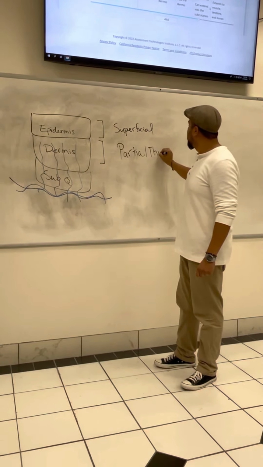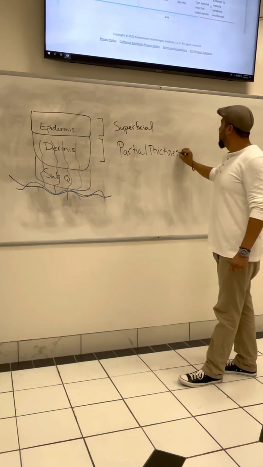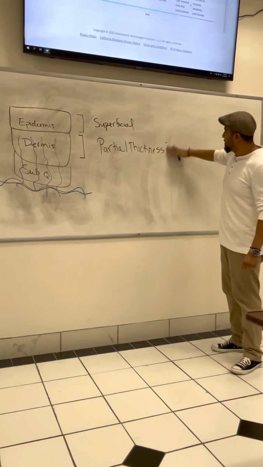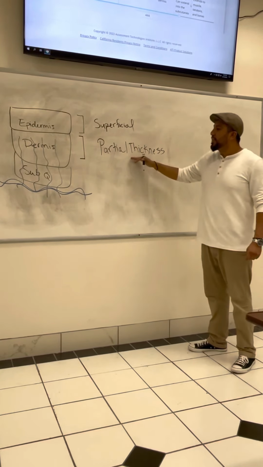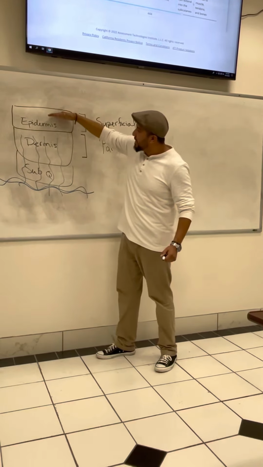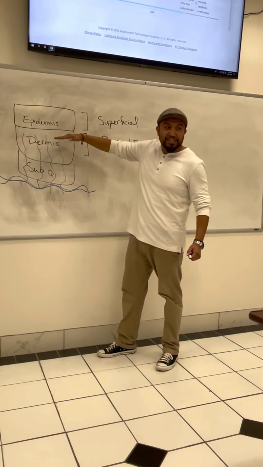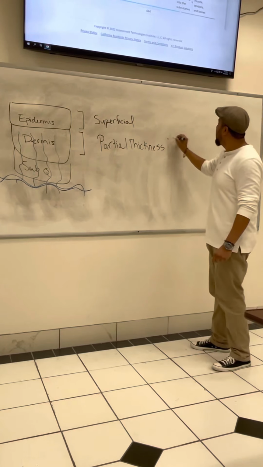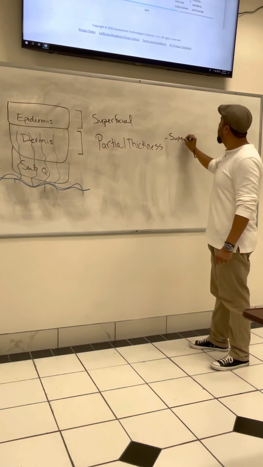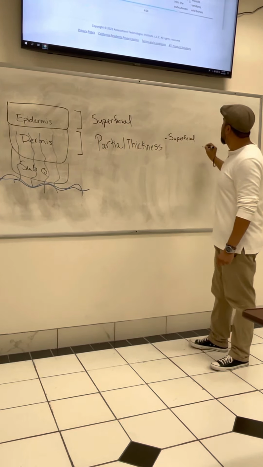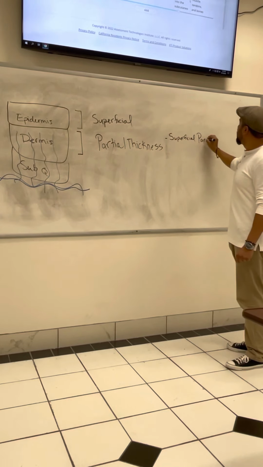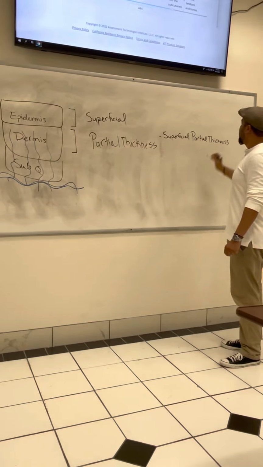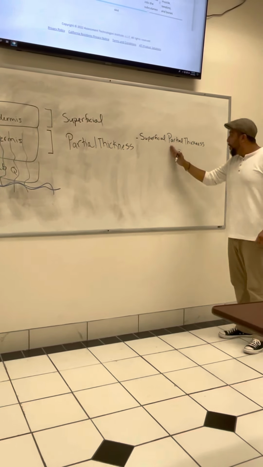Partial thickness. Okay, but there's different types. Actually there's only 2 types. A partial thickness burn means that it's encompassed the entire epidermis and at least a portion of the dermal layer. And the way we describe that is by a superficial partial thickness burn. Okay, it's superficial, but partial thickness burn.